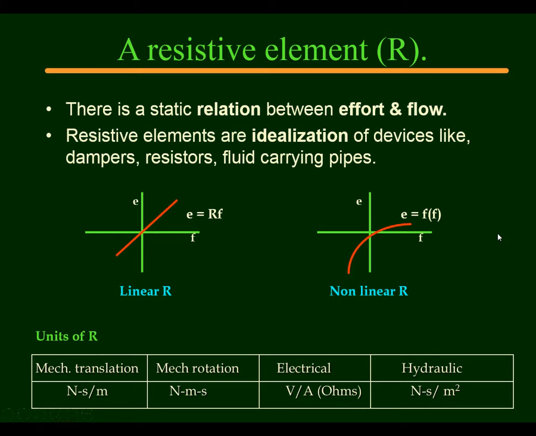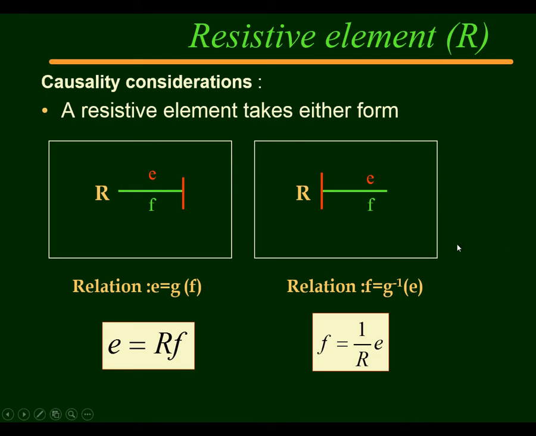Okay, on the R element in here, for example, you have a constitutive equation that says that the effort is equal to R times the flow. But in order to make some sense of this, I would say, for example, on a resistor, that you have this voltage across the resistor.